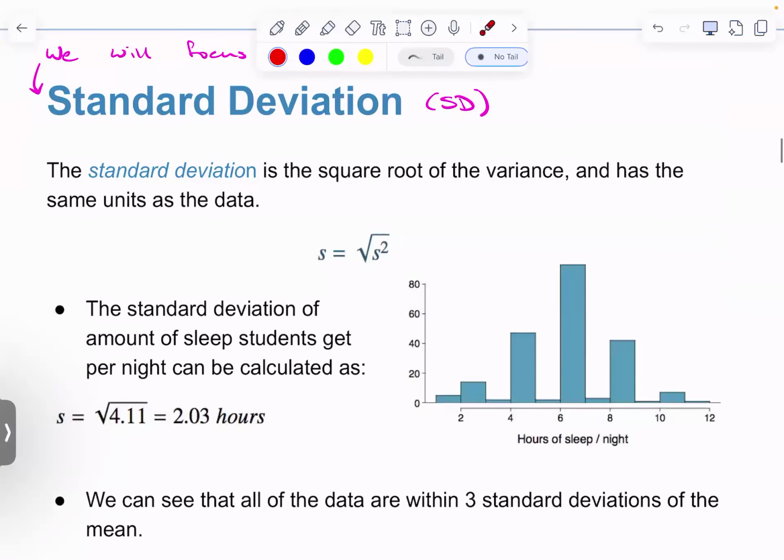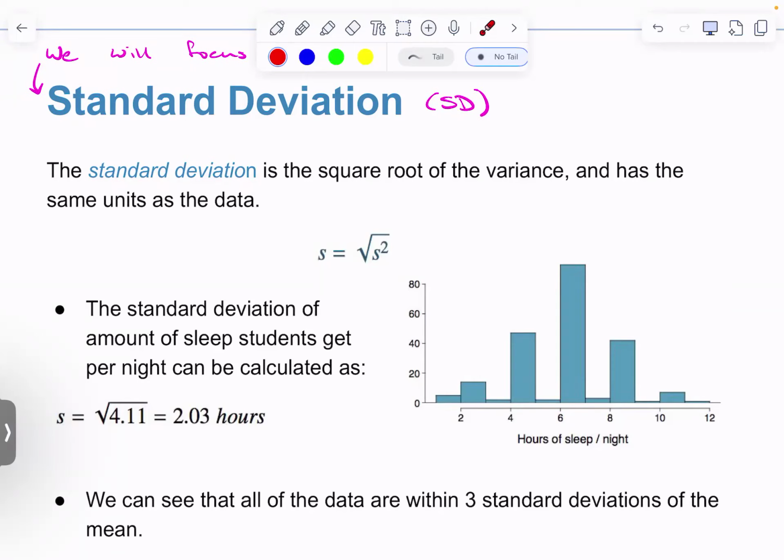So as we've already seen, the standard deviation is the square root of the variance. We've seen the variance, maybe not comfortable yet, that's okay, but taking the square root of it is not that bad.